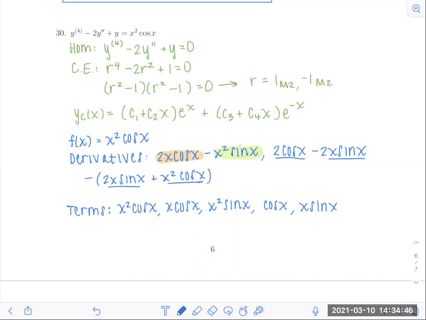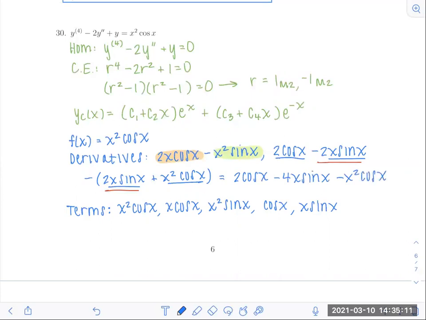So I am going to add this negative 2x sine x and the negative 2x sine x. So this second derivative becomes 2 cosine x minus 4x sine x and a minus x squared cosine x.